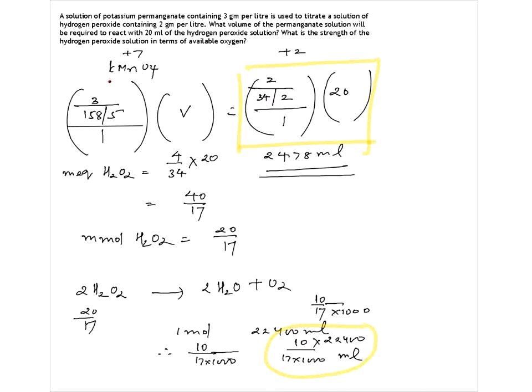But hydrogen peroxide is one thing which acts as both. Sometimes it can be an oxidizing agent, sometimes a reducing agent. That's something special about hydrogen peroxide. And when hydrogen peroxide is involved, you must think about redox reaction.